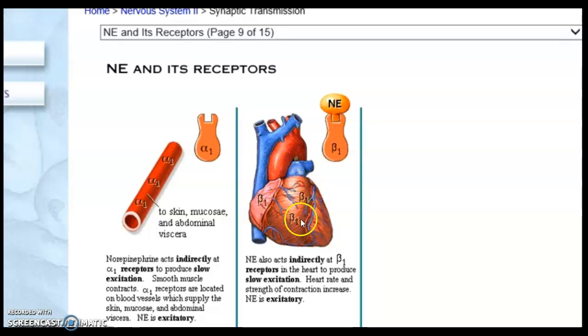And we all know that if we're in an emergency, we want our heart to beat faster. If we're scared, we've got a lot of adrenaline in our system, then naturally our heart is going to beat faster in this excitatory response because of beta 1 receptors. Now, you might have even heard of beta blockers before, where there are medicines that will block this binding.